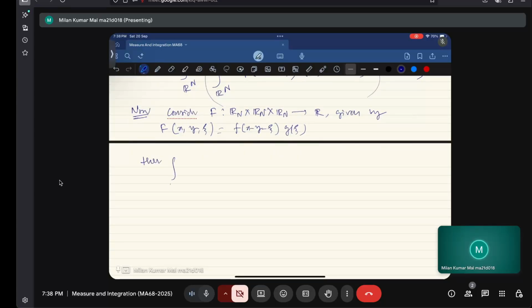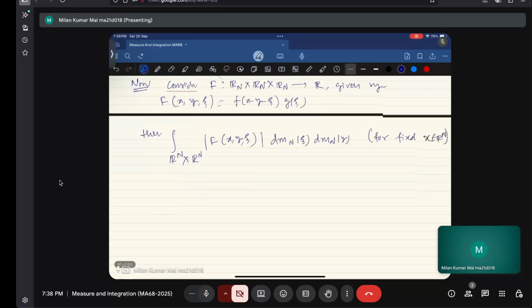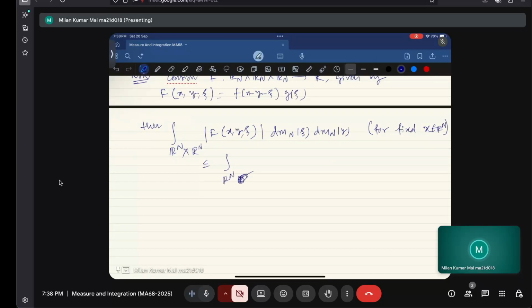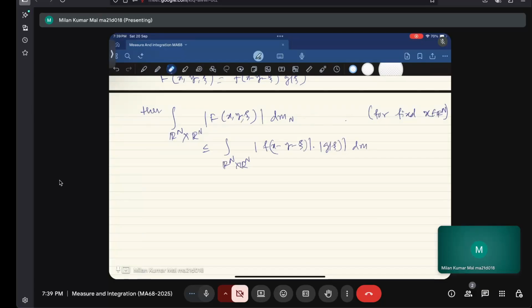Then for fixed x belonging to R^n, the integral over R^n × R^n of |F(x, y, ξ)| dm_n(ξ) dm_n(y) is less than or equal to the integral over R^n × R^n of |f(x − y − ξ)| |g(ξ)| |h(y)|, with a product of measures dm_n at the points y and ξ.